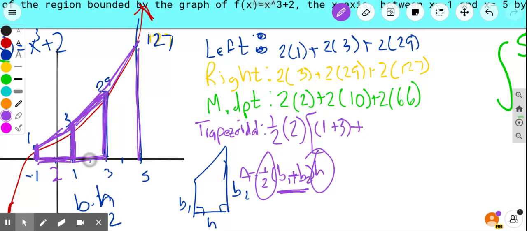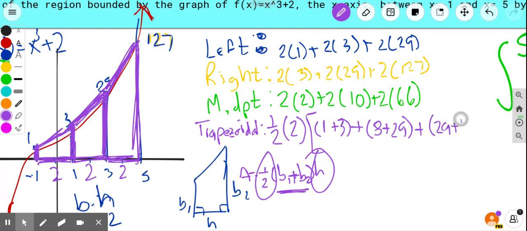Still have a height of 2, so that's why we have the 1/2 times 2 out in front of all of them. Base 1 was 3. Base 2 was 29. Plus, last one is we're starting at 29, going all the way to 127. Still have a height for a trapezoid of 2. 29 plus 127.